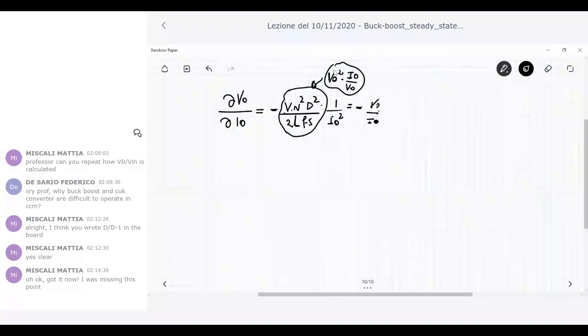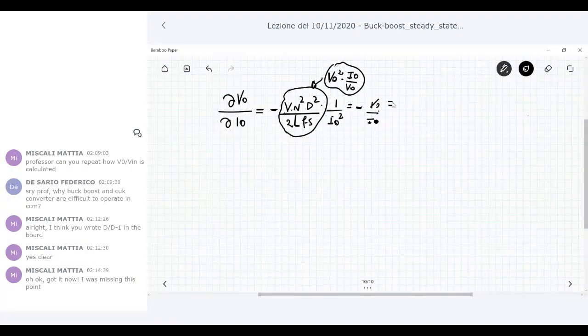This quantity here is this expression, and so this is minus R. So the small signal output resistance is negative R.